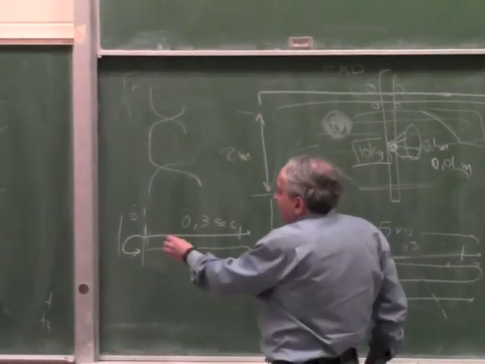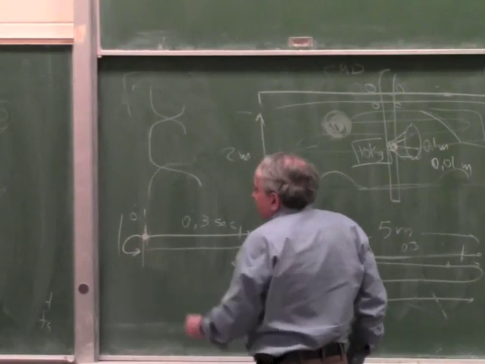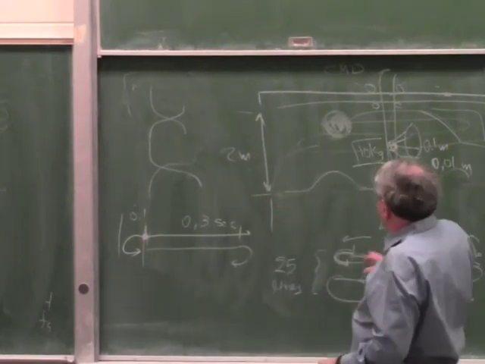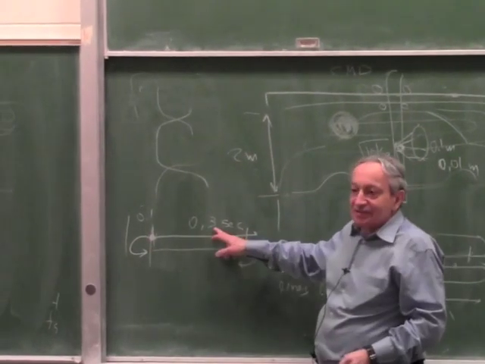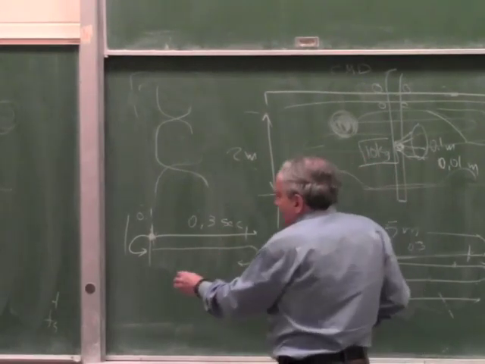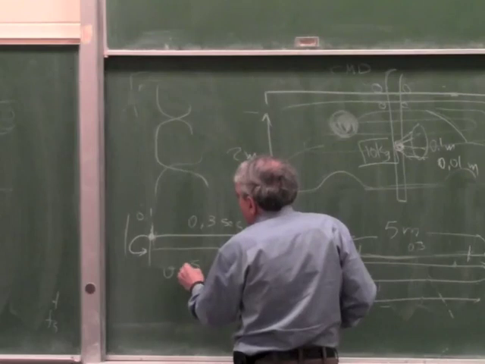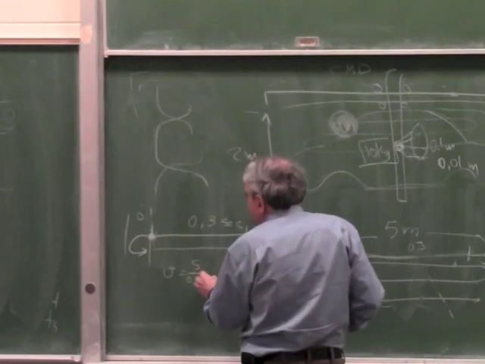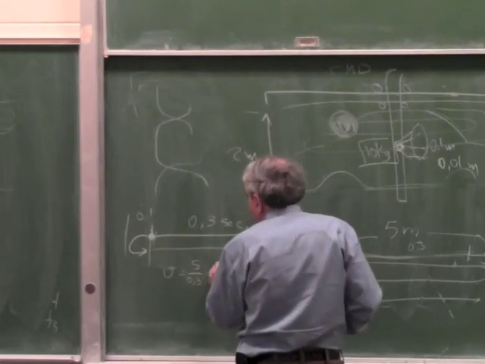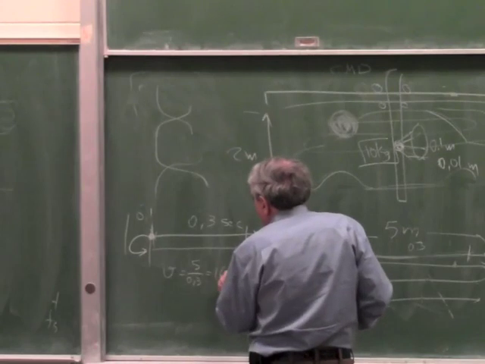The velocity here is known, because it goes 5 meters in 0.3 seconds. So the velocity during the linear part is 5 meters in 0.3 seconds, so it's about 16 meters per second.